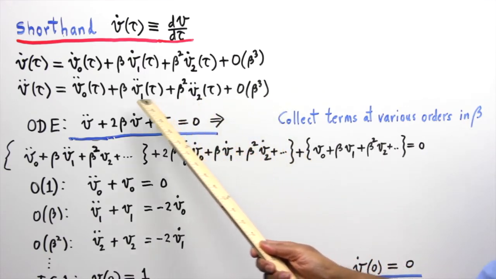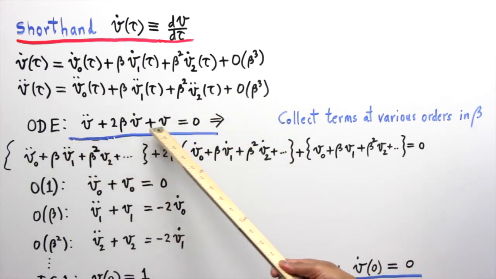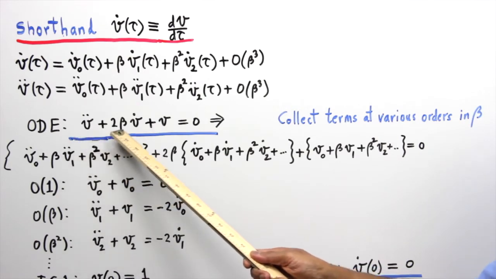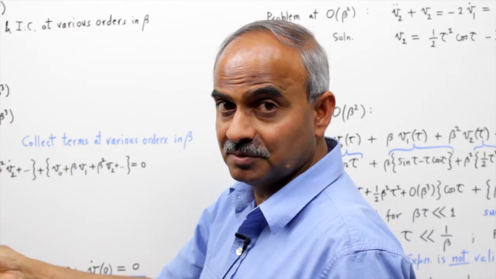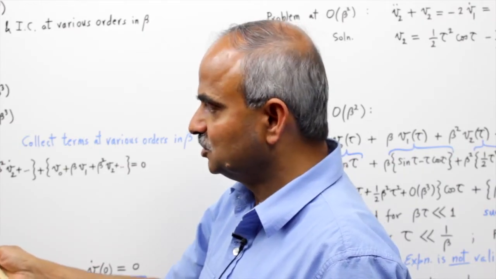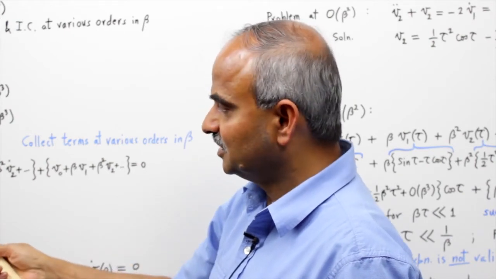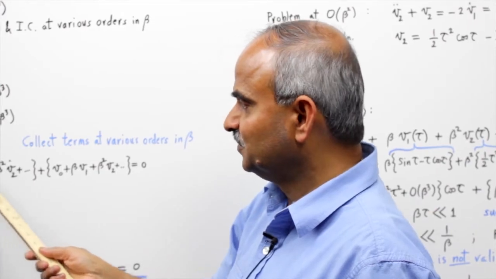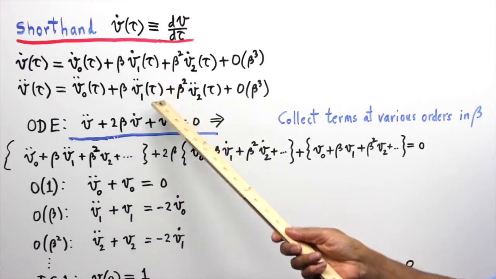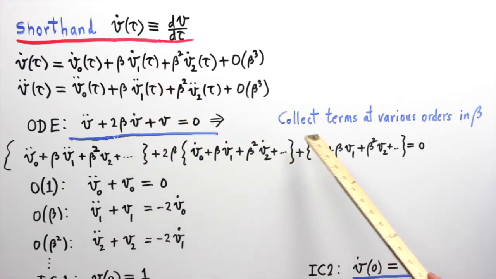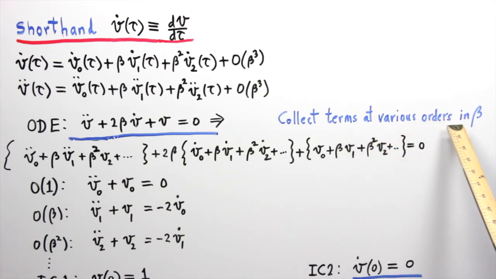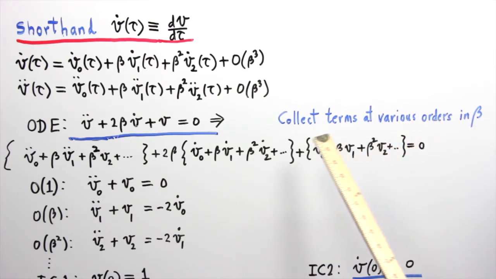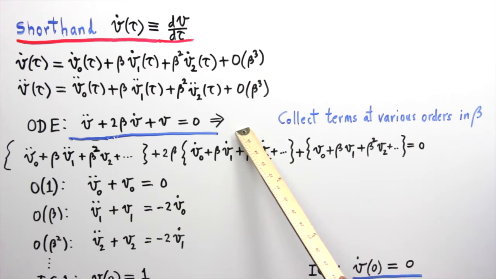And so we're going to substitute this in the differential equation, and to remind you, the differential equation itself has this term involving beta. Remember, beta is the small parameter. That is why something is changing relative to beta equal to 0. And so we're going to now substitute these expansions in here, and then we will collect terms at various orders in beta to obtain the equations at various orders from the equation and from the initial conditions.